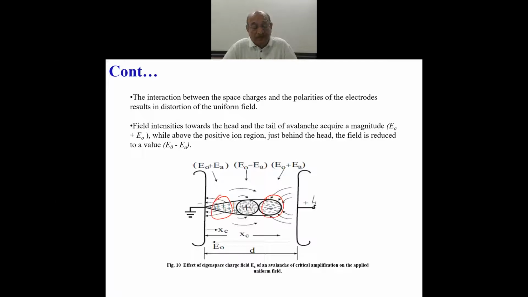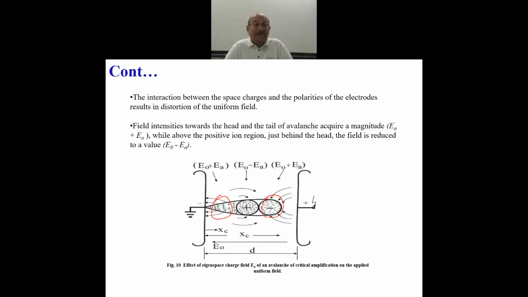So the positive polarity space charge gives rise to a field which is stronger, and that positive polarity with respect to the positive electrode, that is the anode, gives rise to a field which reduces proportionately.